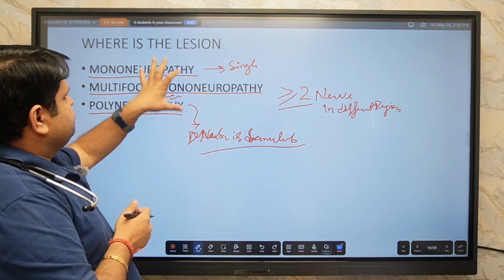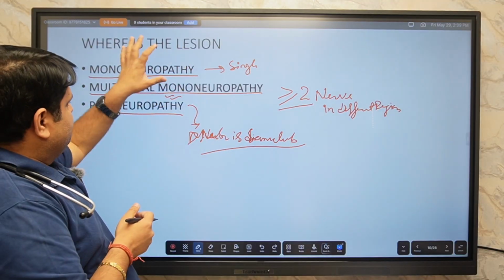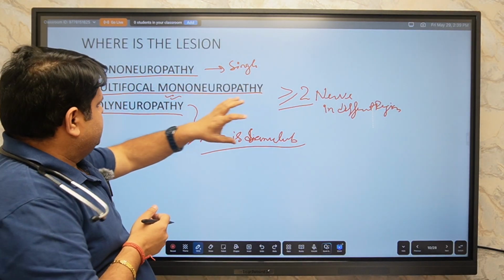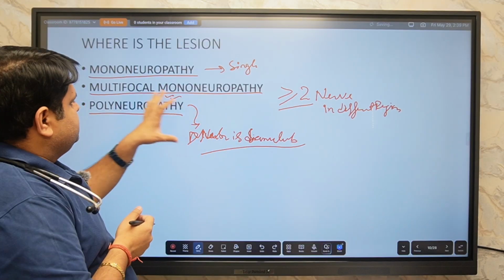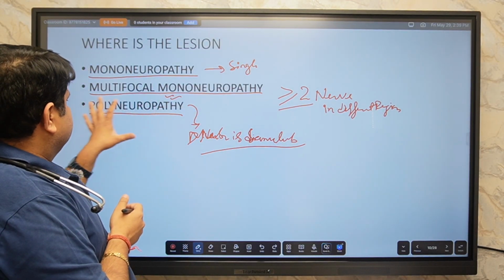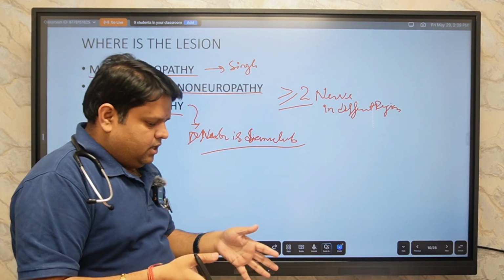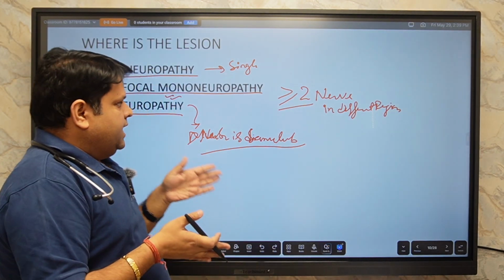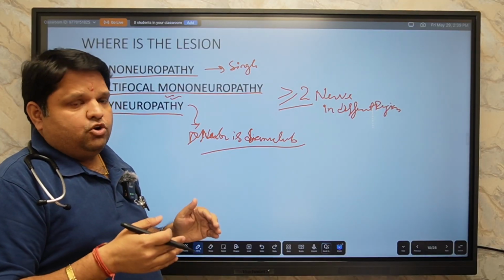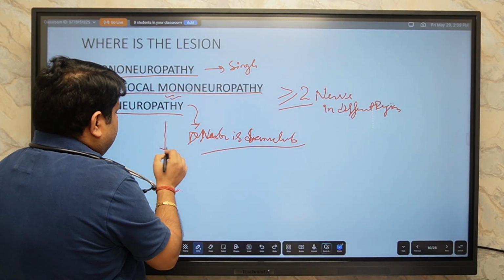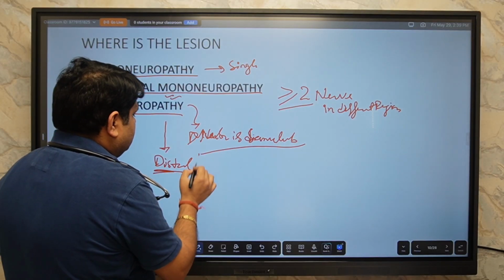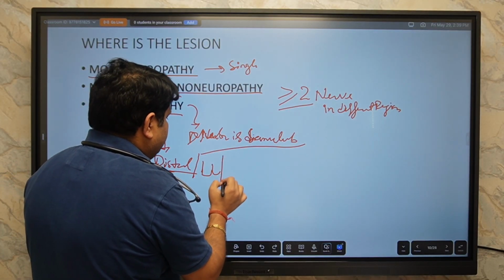So there are 3 types of pattern in where is the lesion: mononeuropathy, single nerve involvement; multifocal mononeuropathy, two or more nerves in different regions; and polyneuropathy, multiple nerves in different regions or in the same limbs. Polyneuropathy is an involvement of the peripheral nerves, and usually in polyneuropathy there is involvement of the distal part of the nerve initially, in the lower limb or in all 4 limbs.